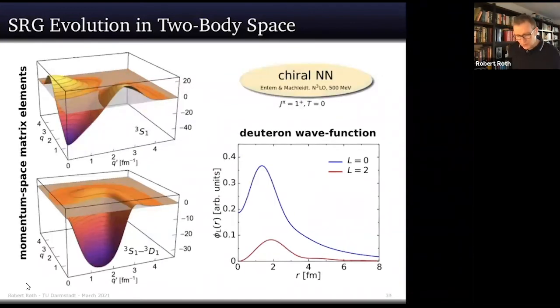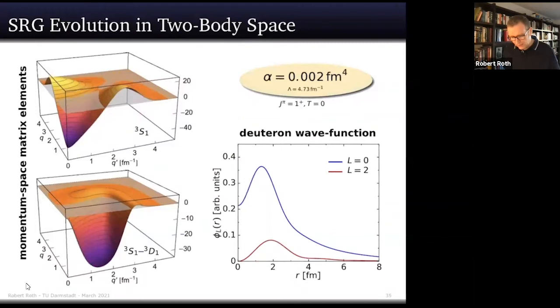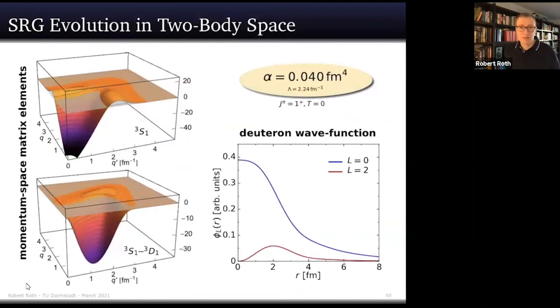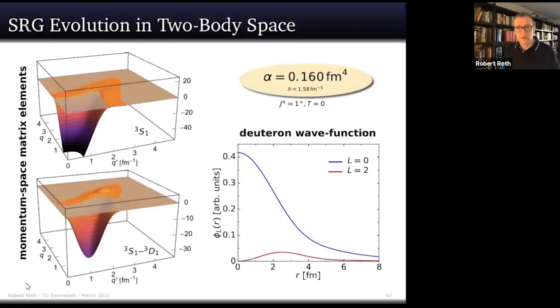We can do the same with chiral. We've discussed that these matrix elements look different out here, and the wave function looks slightly different. But if you run through that, the same stuff happens. These off-diagonal wings are suppressed, and the short-range suppression of the Deuteron wave function, the S wave, is going away. There's a little more happening. If you look at the D wave, this is now much weaker than before.